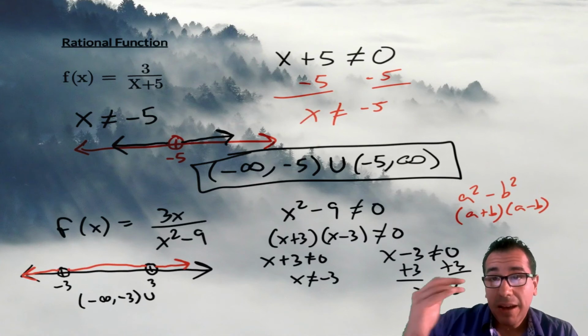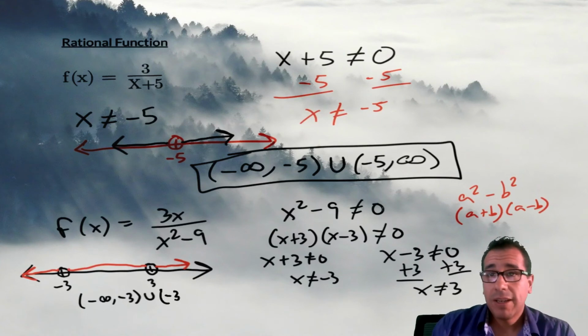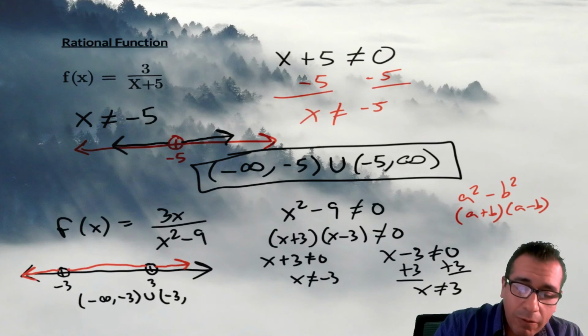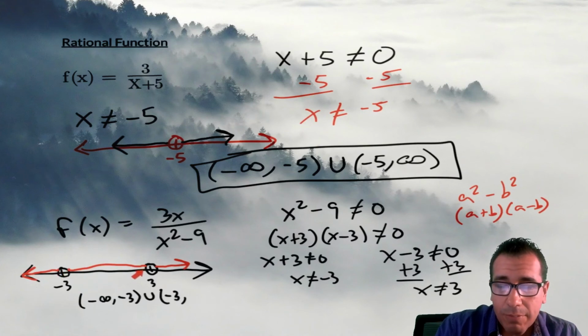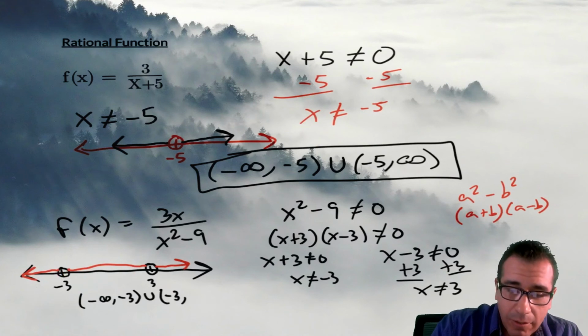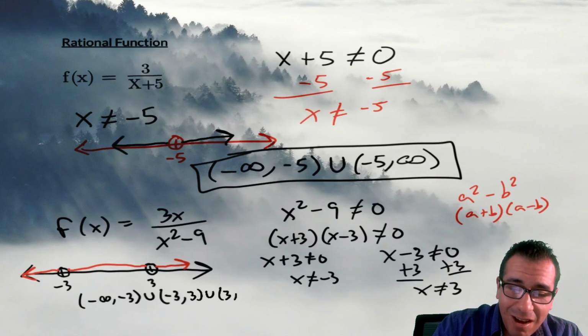And then we start back up at negative 3, and we're not including it. And then we go from negative 3 until it gets to 3. So we got 3 right here, put the union sign, and then we start from 3 again, and it goes all the way to positive infinity.